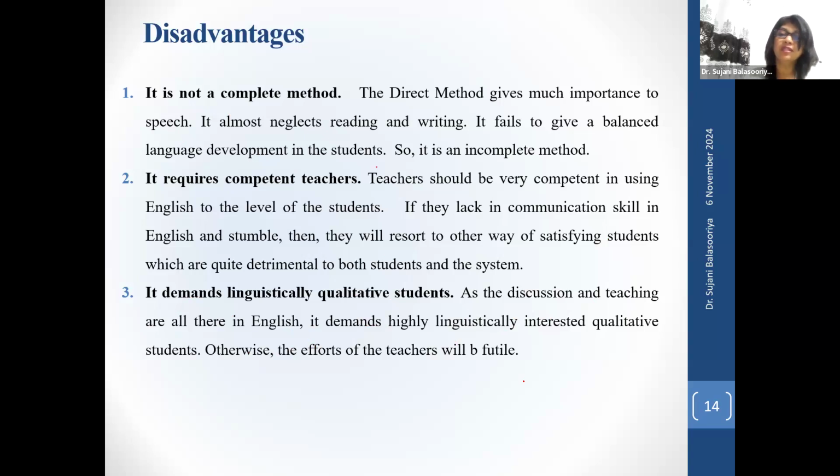The idea is this: if the students are unable to understand what the teacher is telling, then the goal of using the direct method will not be achieved. The teacher is talking and teaching in vain. So the students should have some prior knowledge of the English language for the teacher to use the direct method.